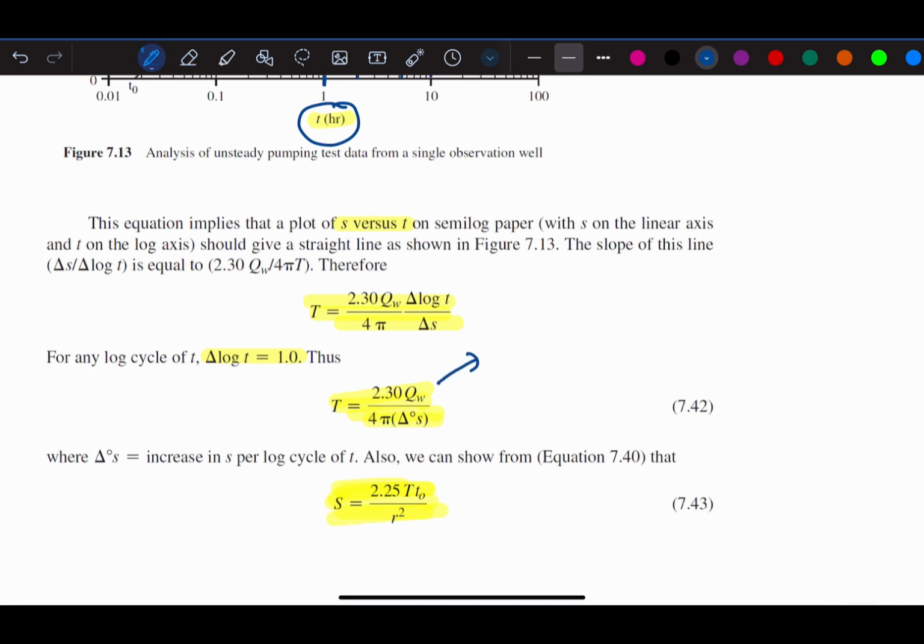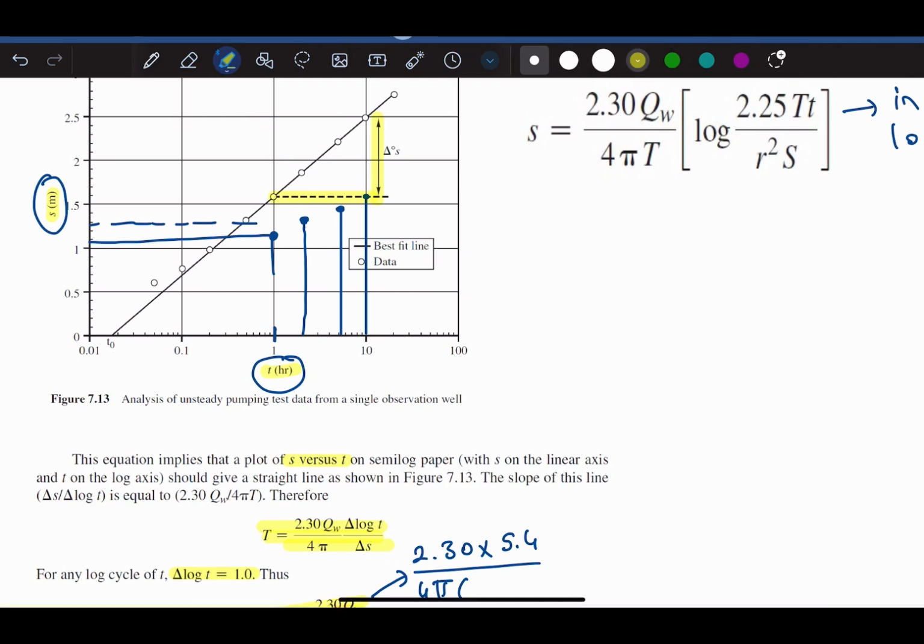So transmissivity is equal to 2.30 times the flow rate, which is given as 5.4, over 4 pi, and we will have delta S. So according to this graph, the line here is from T1 to T10. So let me write that. And this distance gives the delta S.